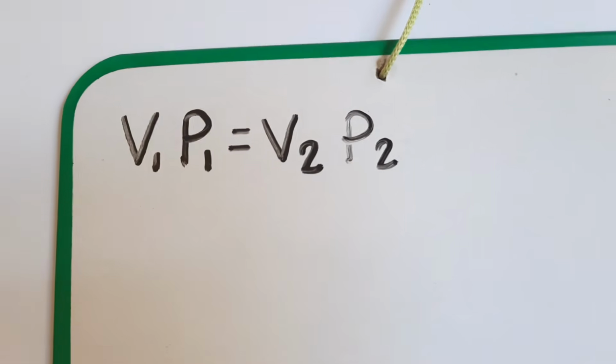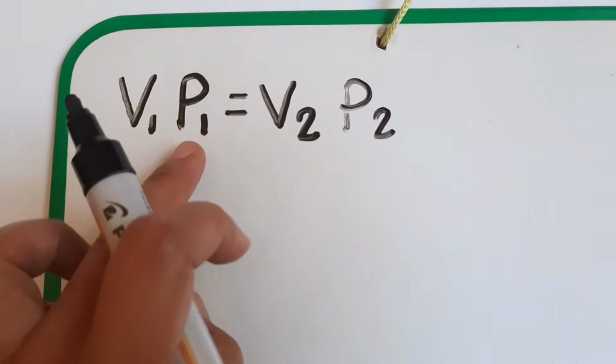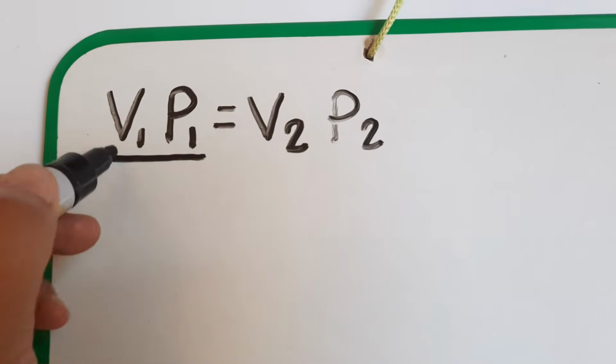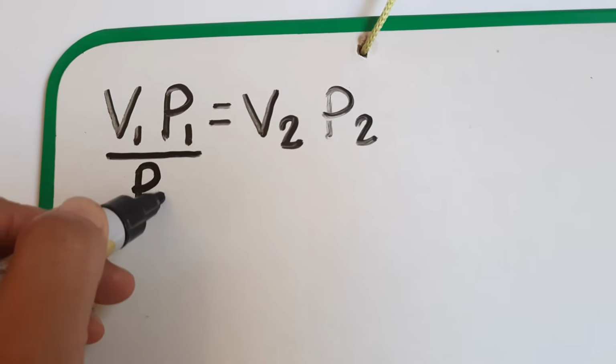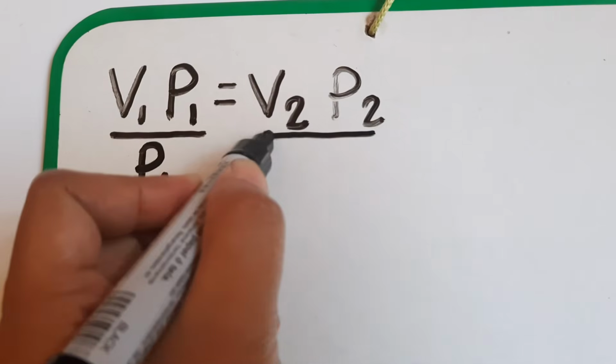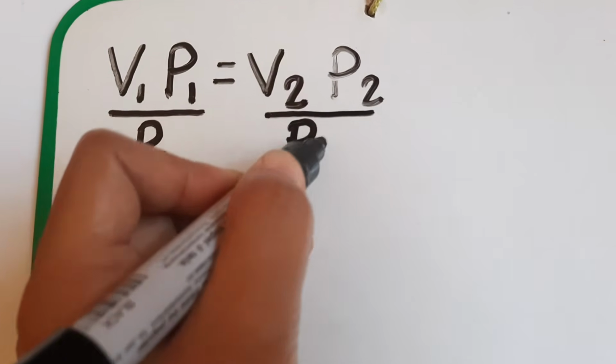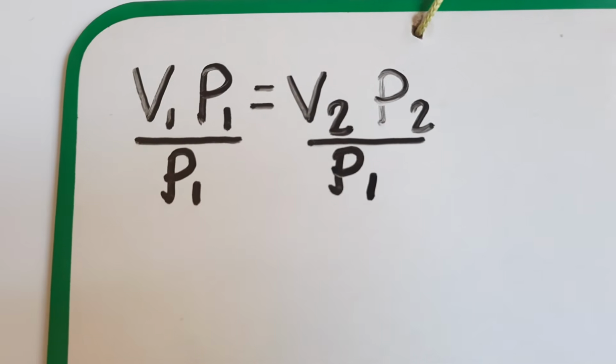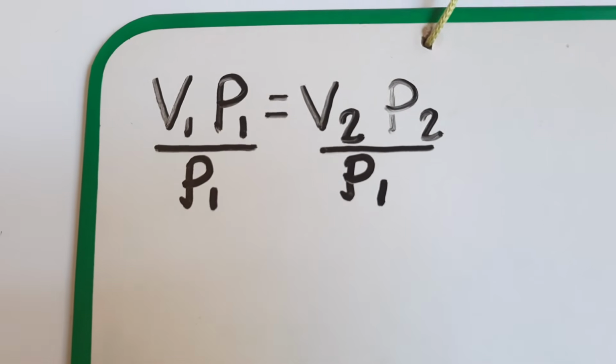So, to find the value of V1, let us divide both sides of the equation by P1. Divide it by P1 and also divide it by P1. In this case, we can now cancel out P1.